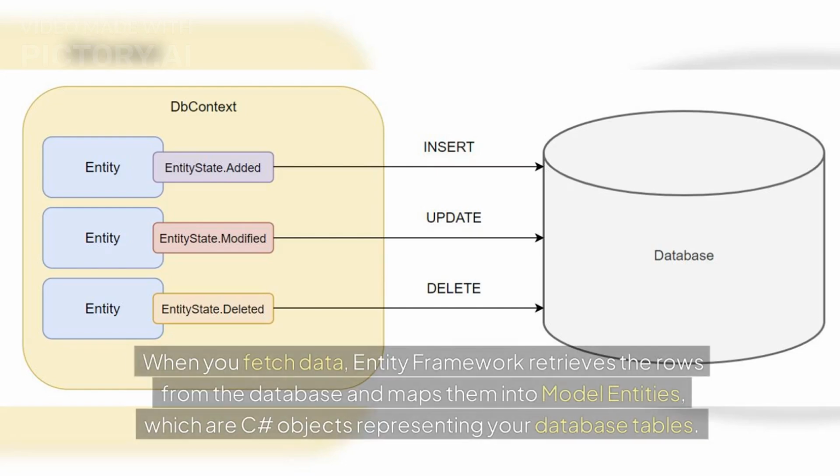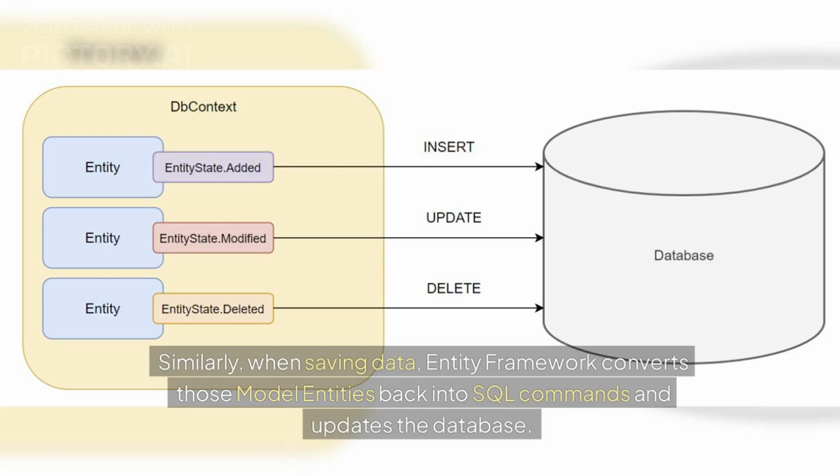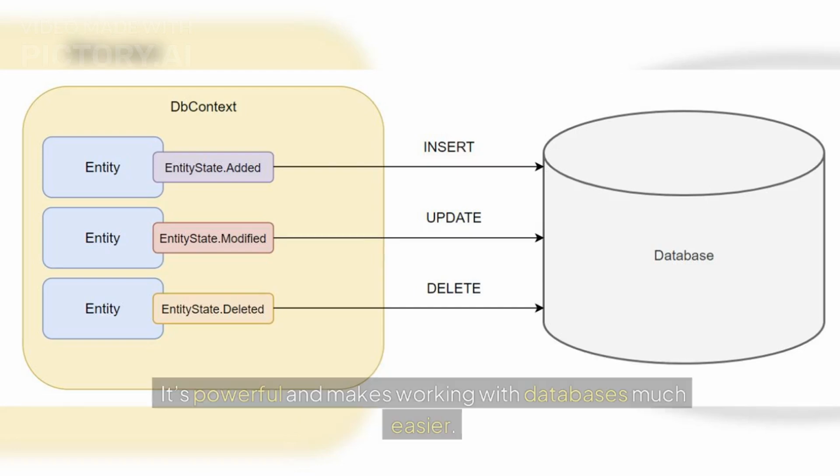When you fetch data, Entity Framework retrieves the rows from the database and maps them into model entities, which are C# objects representing your database tables. Similarly, when saving data, Entity Framework converts those model entities back into SQL commands and updates the database. It's powerful and makes working with databases much easier.